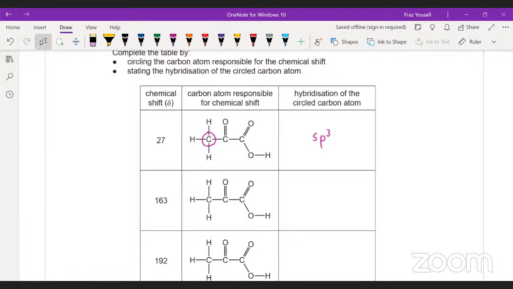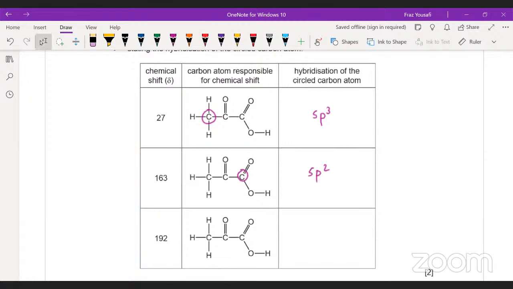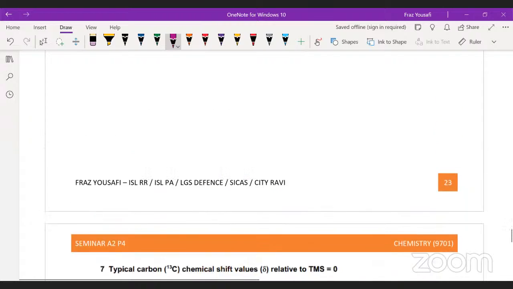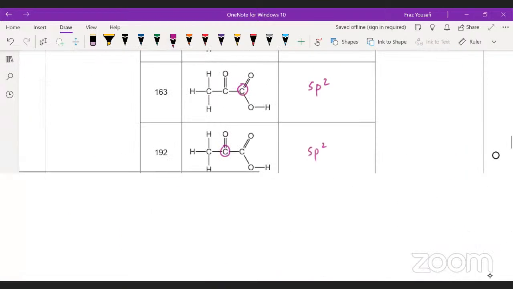Then you need to circle the carbon at 163 of the carboxyl, which is sp2 hybridized. That's the kind of shielding that it would form. And then the one that's stuck in between the carboxyl and the C double bond O, the carbonyl next to the carboxyl, is what you want to circle here. And that would be due to the sp2. Okay? So be able to understand those shifts based on the data provided here.